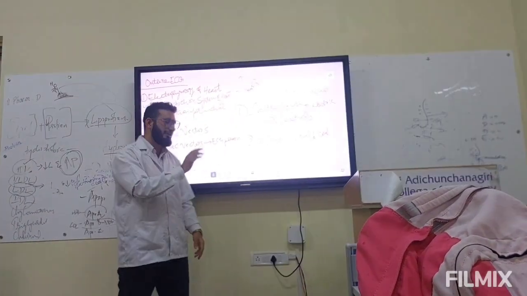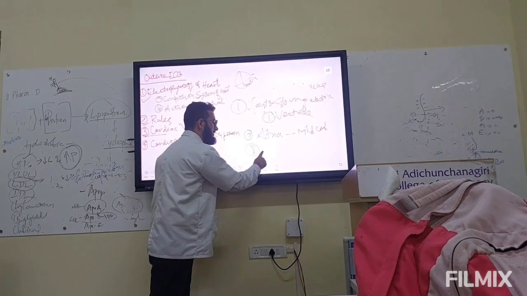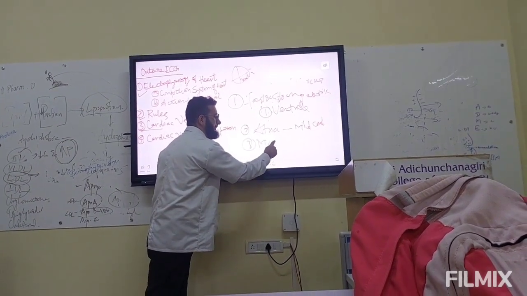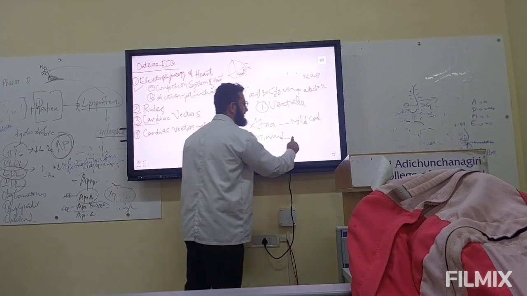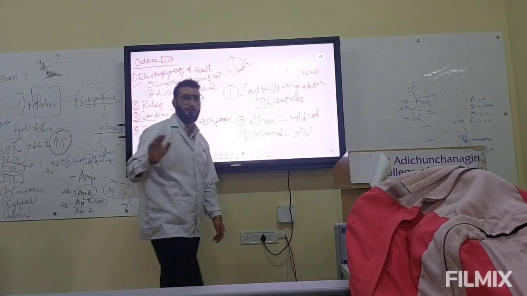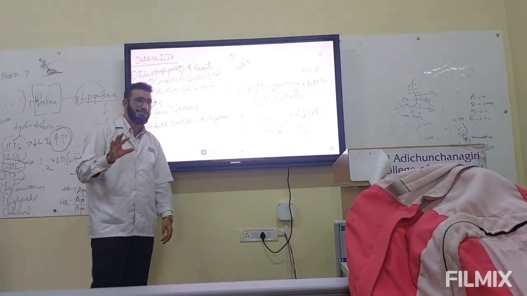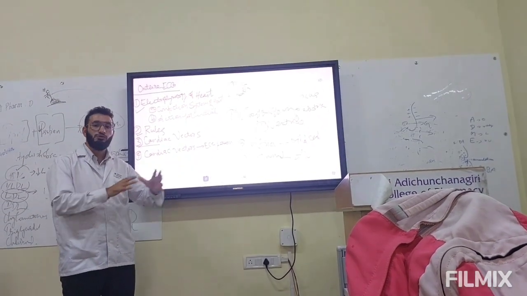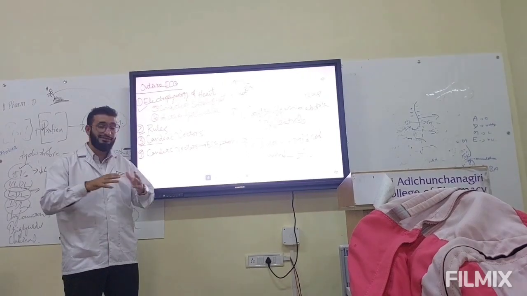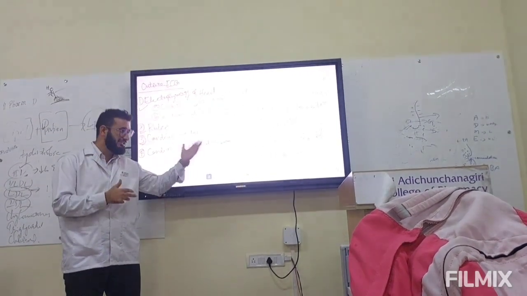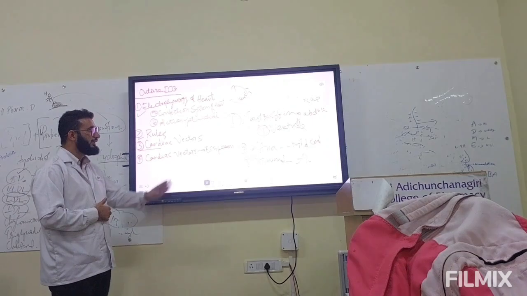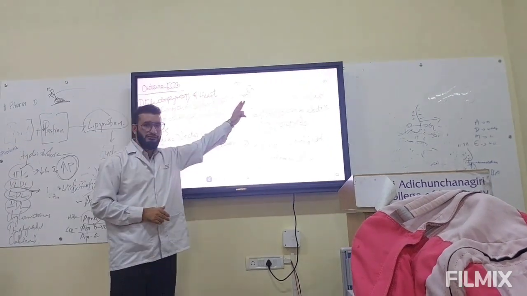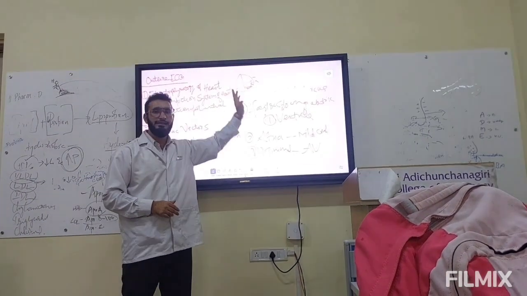So it is mild. And the third one is minimal, which is the AV node. The AV node is a very slow conductor of electrical signals. Even when we apply the ECG machine on the AV node, it is not going to detect any electrical signals passing through it. So first are the ventricles, then atria, then the AV node.